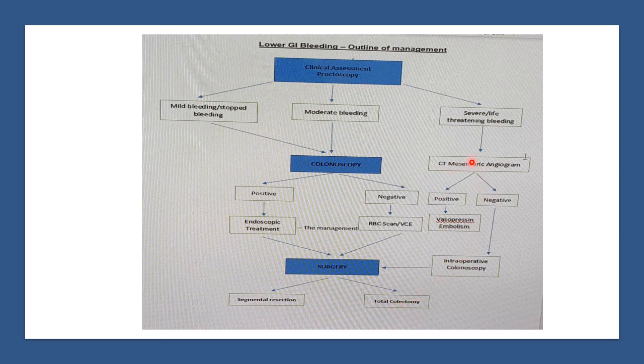If the CT angiogram detects a possible bleeding site, then you may want to do vasopressin infusion to vasoconstrict the bleeding vessel, thereby stopping the bleeding. Failing which, you may want to do an embolization of the bleeding vessel to stop further bleeding.